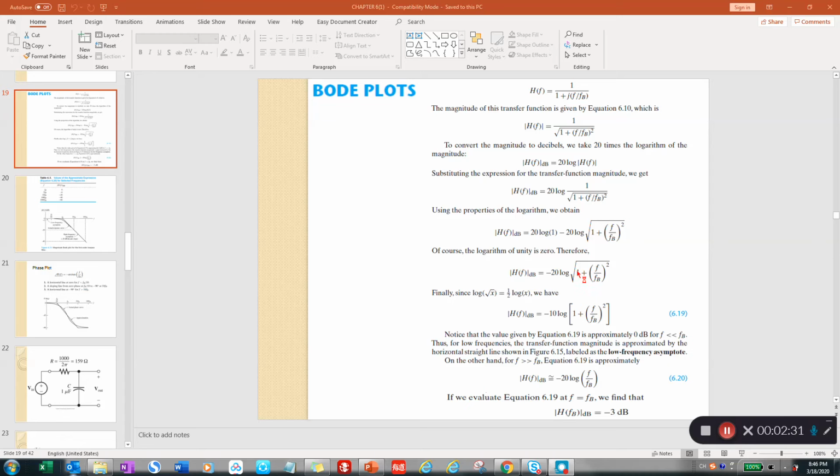Then we know that the square root will only be the square root of 1. Then this part will be equal to 0. Then we know that the amplitude in dB will be equal to 0. That means if the frequency is much smaller, let's say 10th of the fb, it is equal to 0.